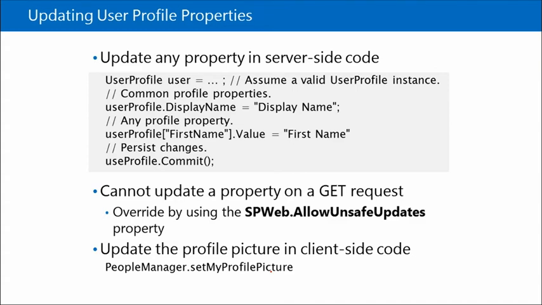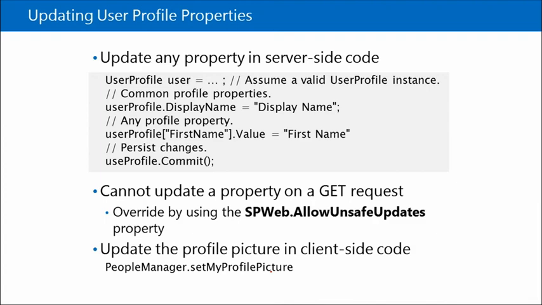So it's very simple. There's a couple of common profile properties that are available right off the user profile object, like display name, or if it's not one of those common entries there, you can access it through the string, first name, right? Yep. And you can just set the value.